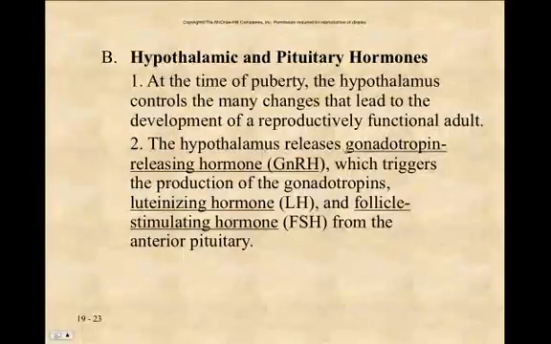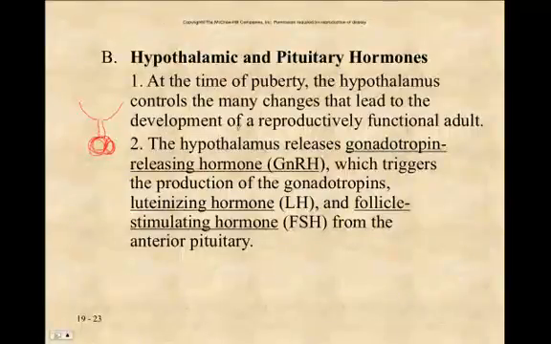That gonadotropin releasing hormone will travel from the hypothalamus. Remember, the hypothalamus is just above the pituitary, and there's a little stalk called the infundibulum that leads from the hypothalamus to the pituitary gland. And remember, the pituitary is broken up into the anterior pituitary and the posterior pituitary.